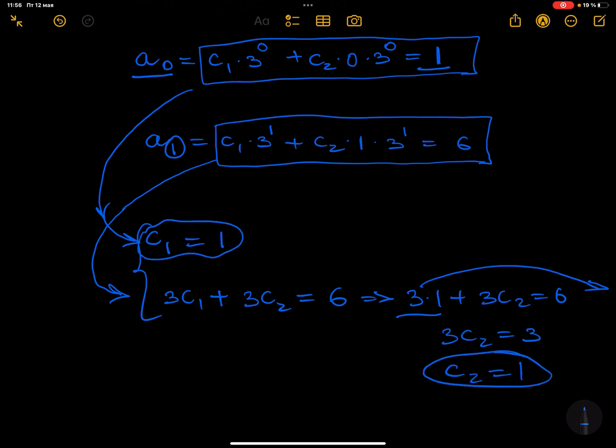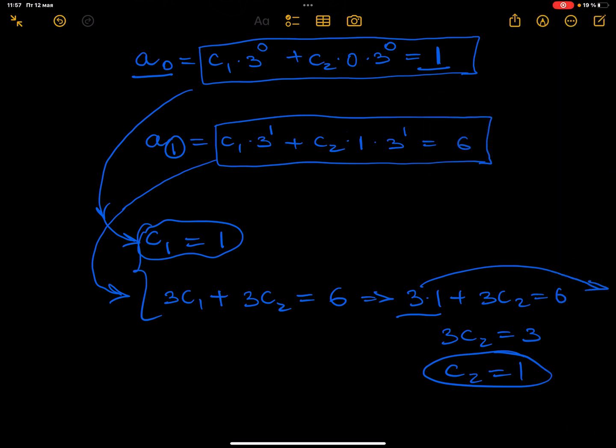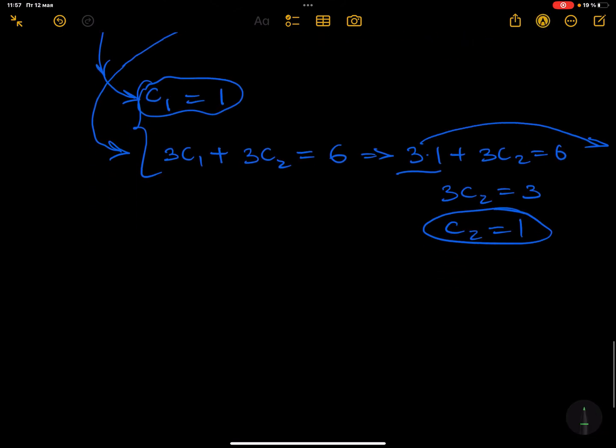So now we can substitute the c1 and c2 values in our final result. So our final result is gonna be what? a_n, everything is 1, right?